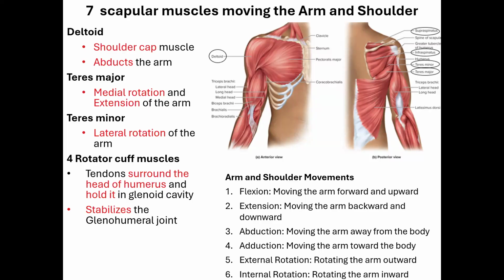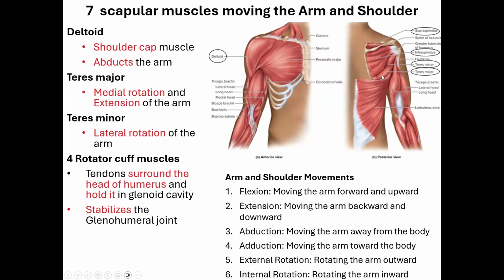It's called the shoulder cap muscle or the deltoid. Okay. So that's the deltoid muscle. What does it do? It pulls the arm away from your body. So what does it do? Abduction.